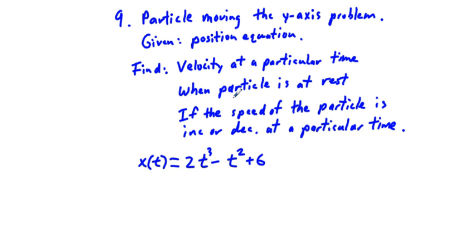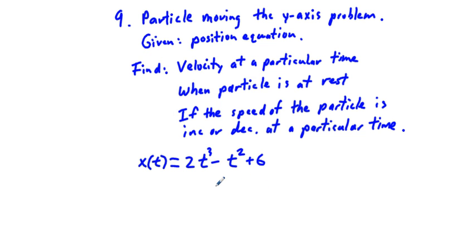We set the first derivative equal to 0, and then finally, to find if the speed of the particle is increasing or decreasing at a particular time, what we need to do is find the second derivative, which is acceleration, and check for concavity.